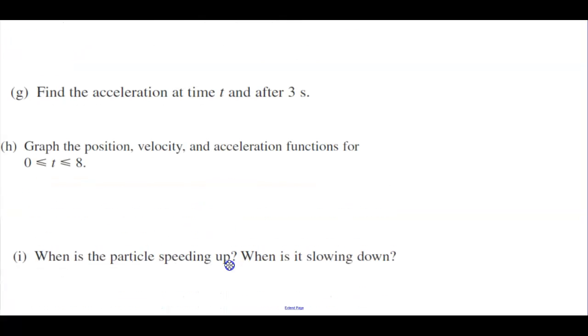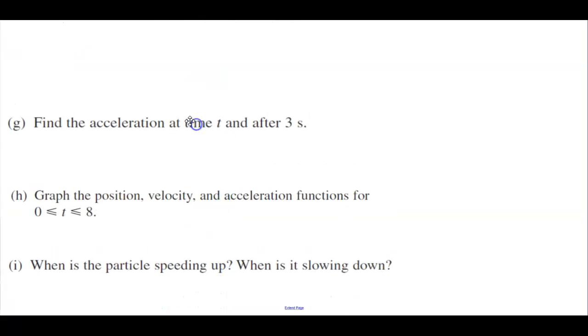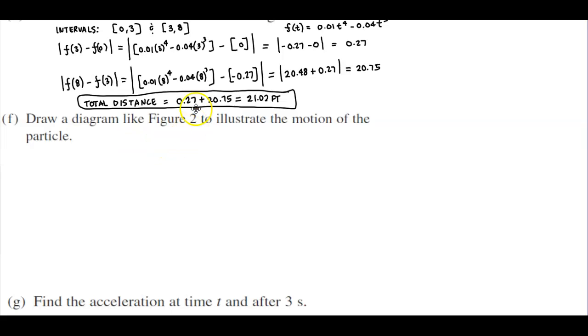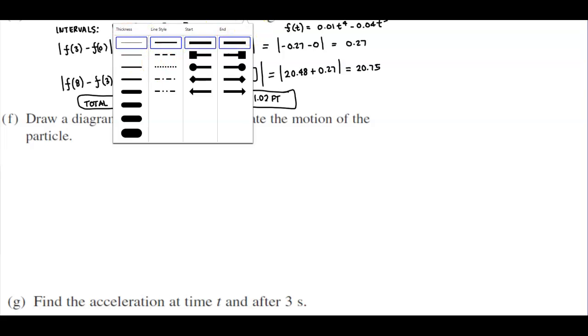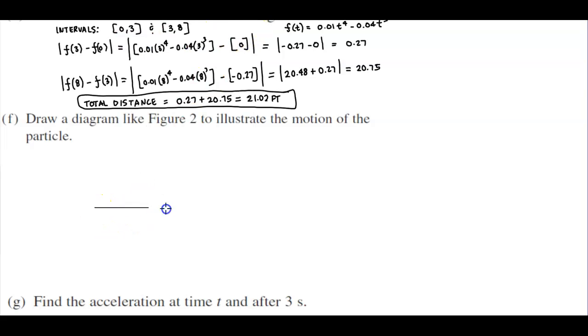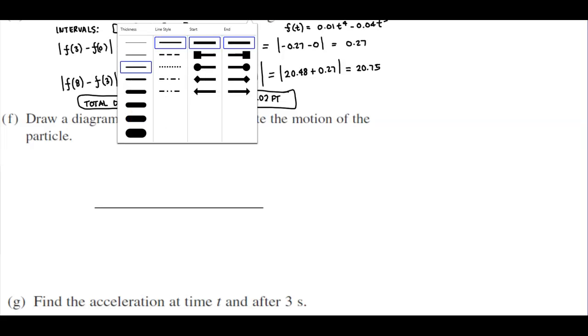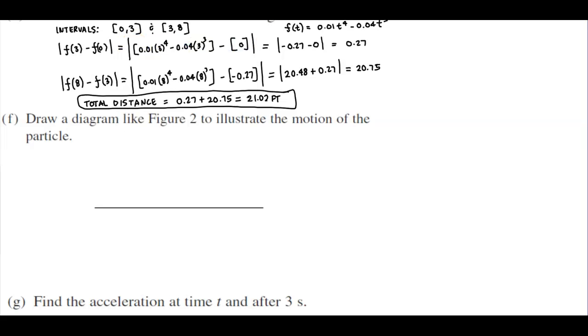Okay, so now what we want to do is draw a diagram. So let's go ahead and draw a diagram here. Okay, so we know we have 0, and this is the position function. What do we know when t is equal to 0?